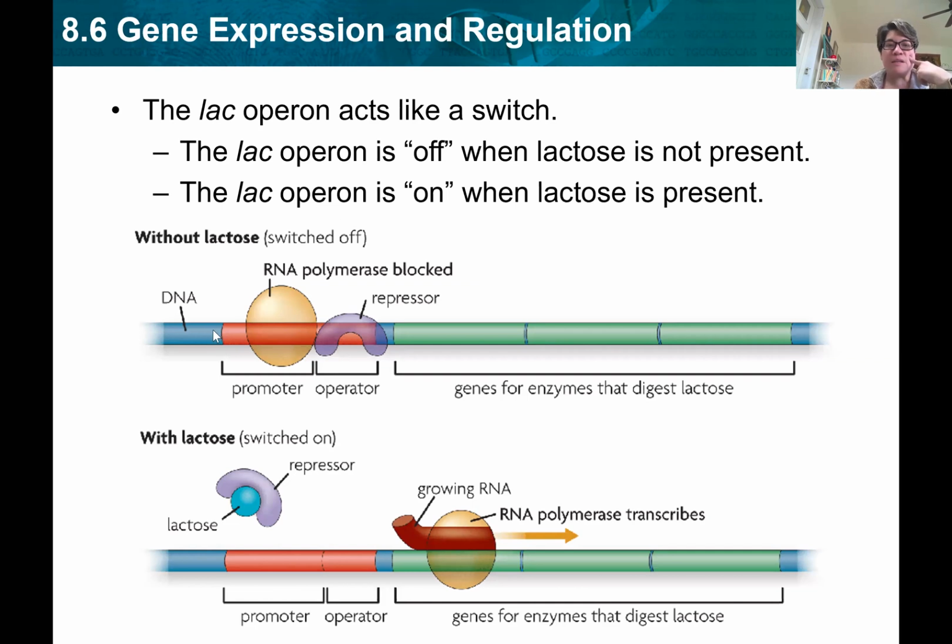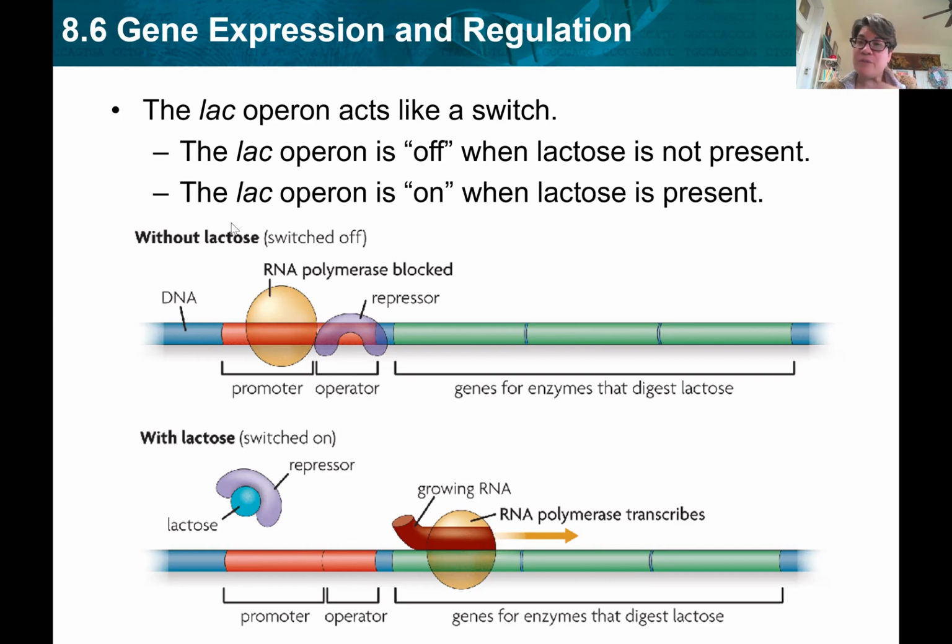So here is a DNA strand. We know the first step is to make RNA with transcription. So we're going to transcribe the DNA into RNA. But there are off and on switches to turn it on or turn it off, okay? In this first scenario, there is no lactose.